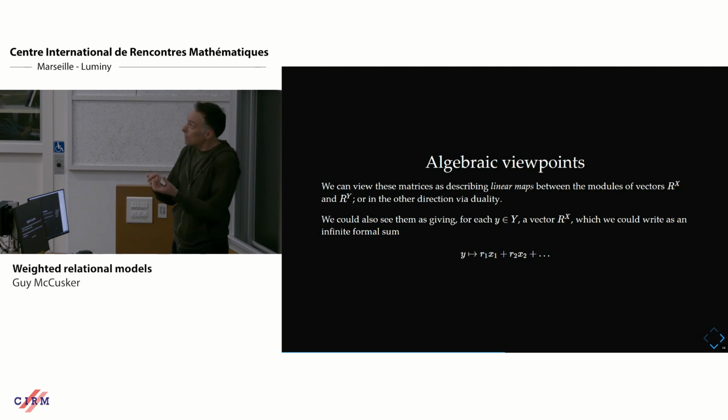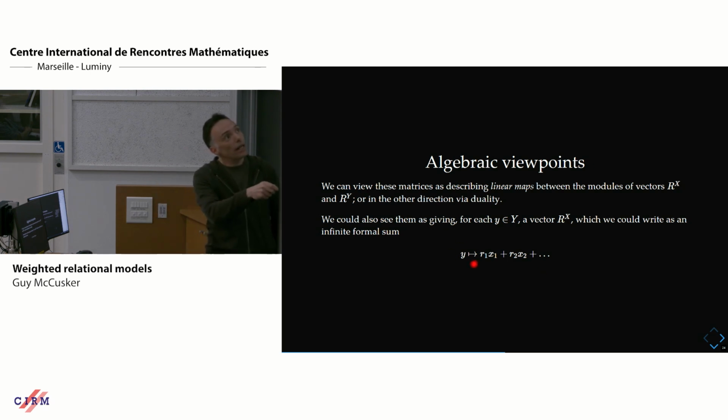So this is the thing that I like to read as saying, if you want the output y, you have to supply me some input. You can either supply me x1, and then with weight r1, you can have the output y, or you can supply me the input x2, and then with weight r2, you can have the output y, and so on and so on.